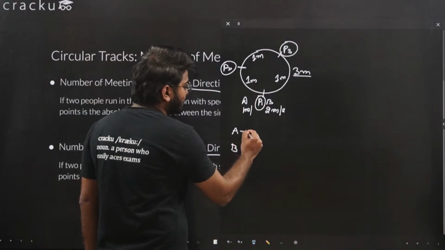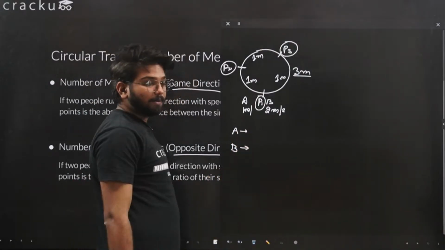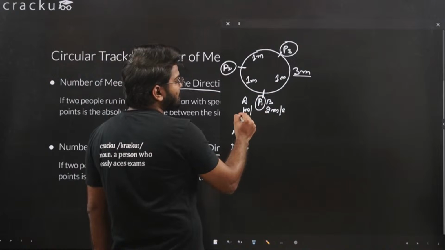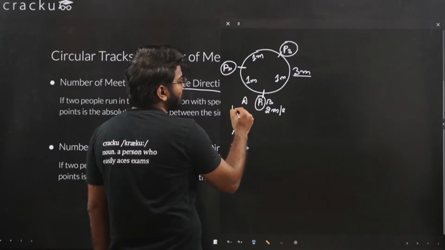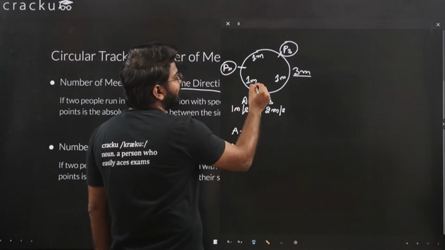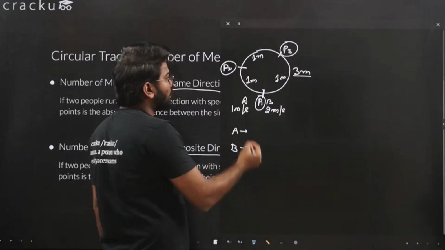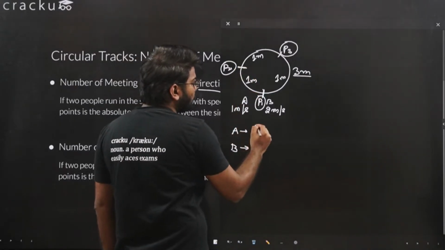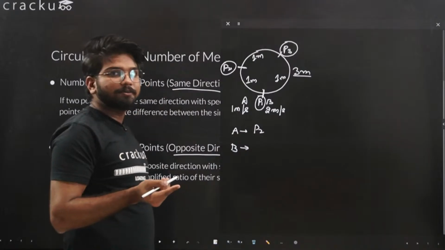Now after 1 second, where will A be? From here, A is covering 1 meter per second only. So from here till here, it is 1 meter. So A will be at P2 after 1 second.